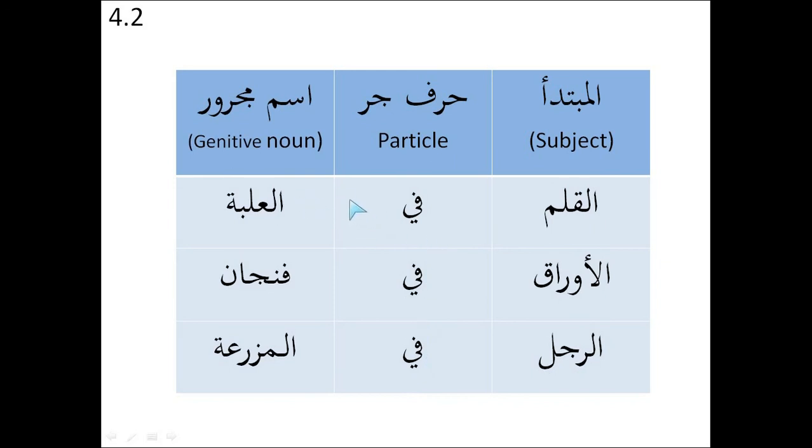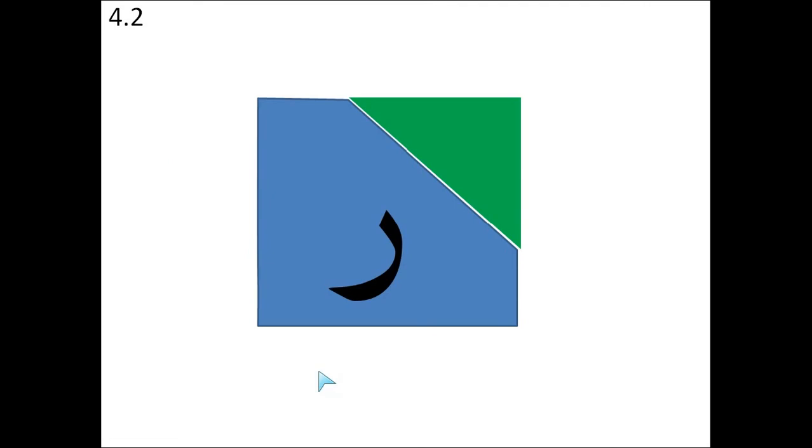And the noun that is governed or acted upon by a particle is called ism majroor, or a genitive noun. Al-ulba, finjan, and al-mazra'a. The triangle represents the harf jar, and the blue means a noun being acted upon by a harf jar. And we use the letter ra as an abbreviation.